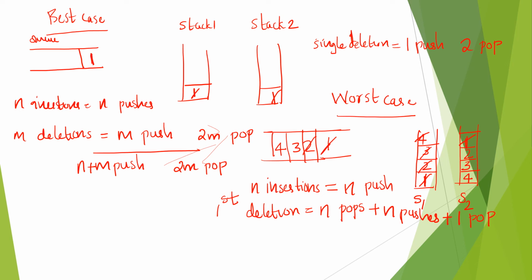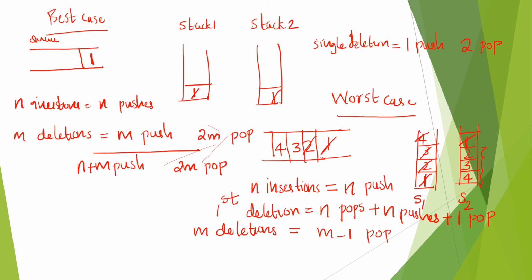That means for the remaining deletions, we need only one pop each. So, suppose we have m deletions. For the first deletion, we have n pops plus n pushes plus 1 pop. For the remaining m minus 1 deletions, we have m minus 1 pops.